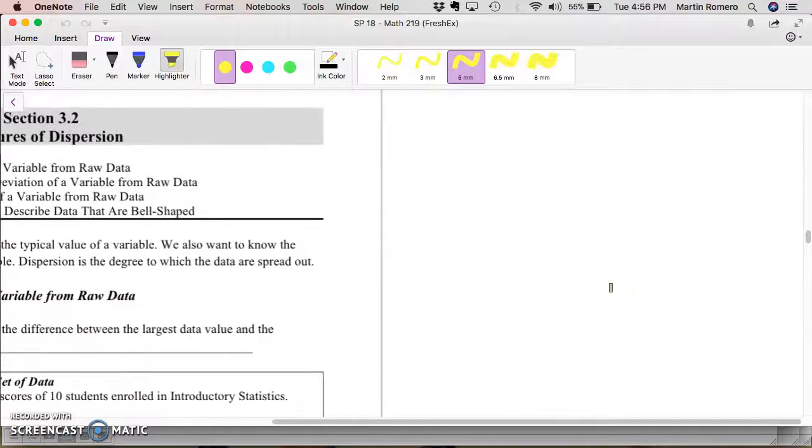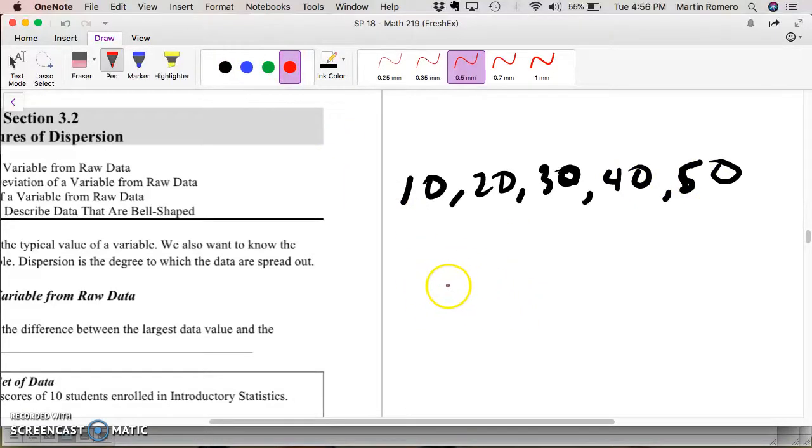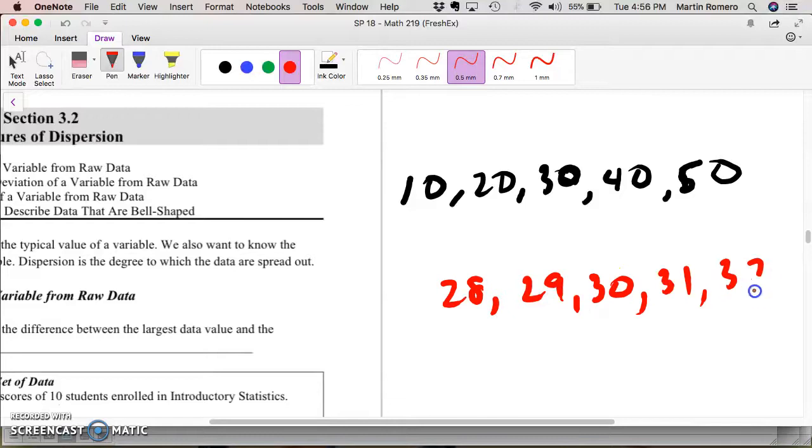And so a quick example that's not on your paper, just to show you again. So for example, if I give you 5 numbers and say, okay, 10, 20, 30, 40, and 50, and then I give you another set of numbers, let's go with 28, 29, 30, 31, 32.